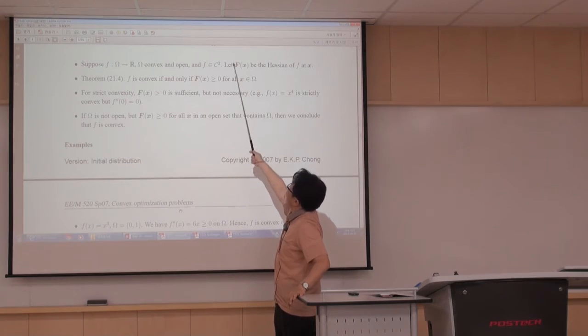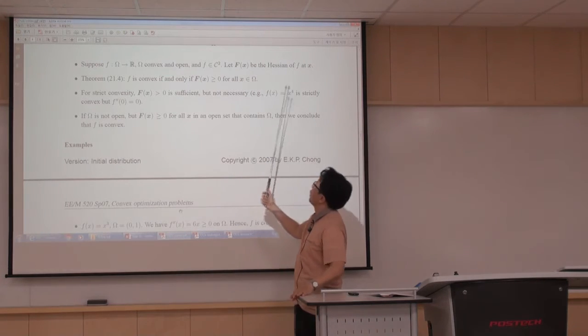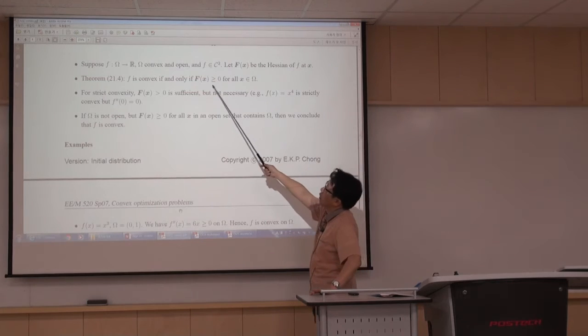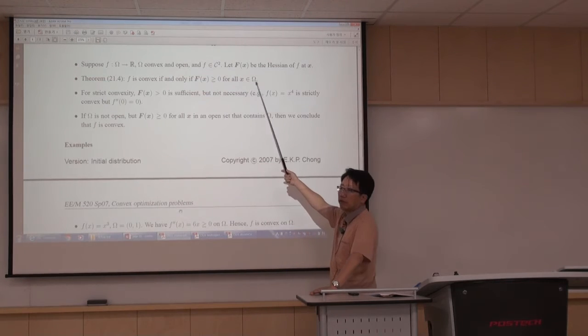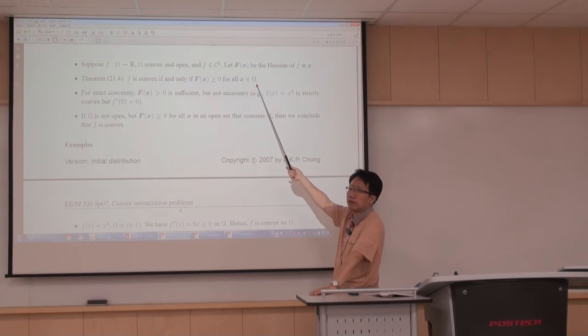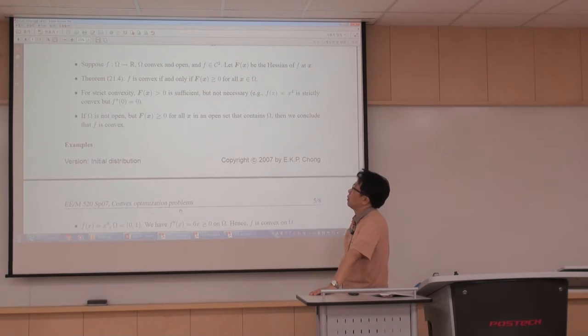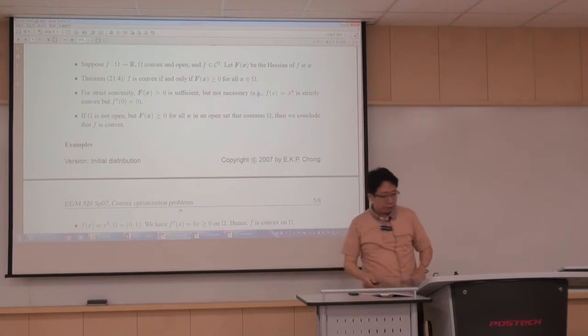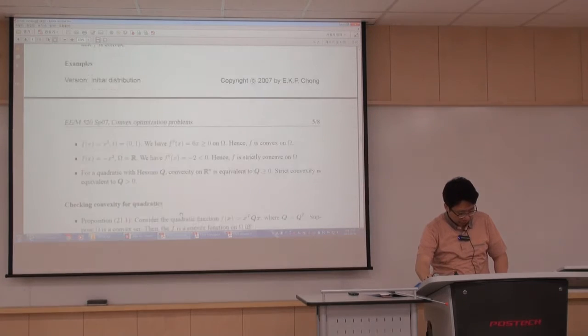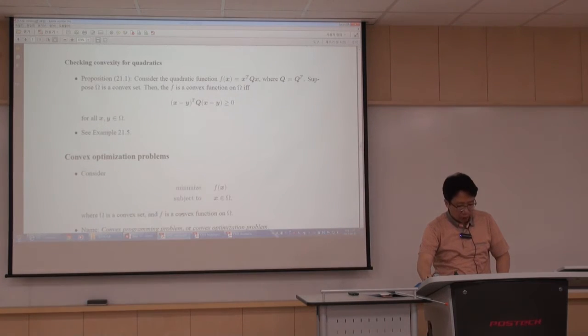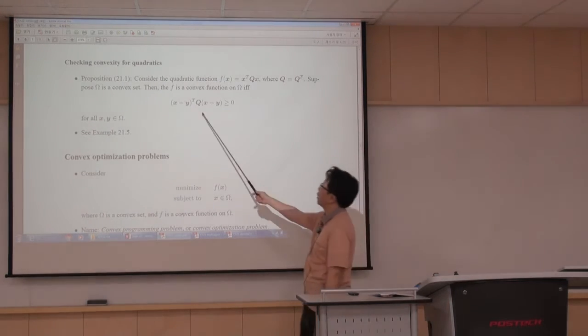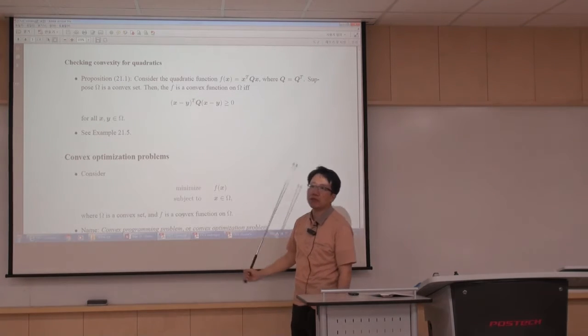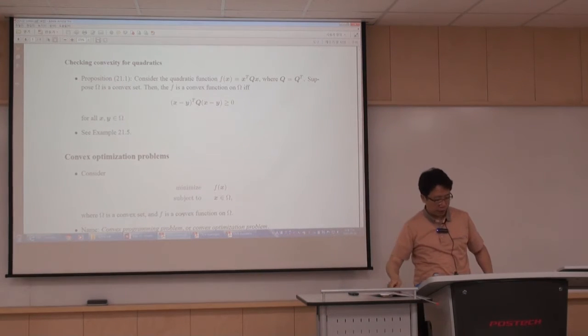Okay, if Hessian matrix is always greater than or equal to 0 on the convex domain, then it's a convex function. You know this from your high school math, actually. Anyway, for the quadratic, if the eigenvalues are all non-negative, it's a convex function.